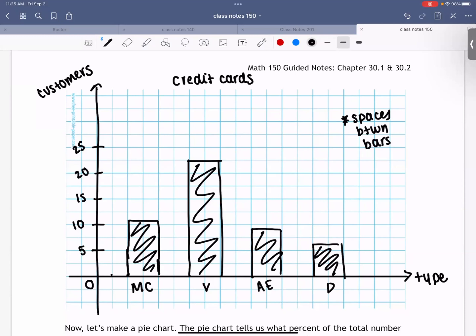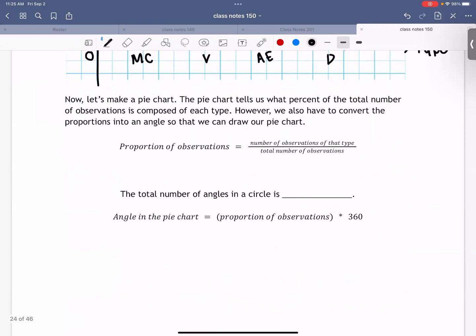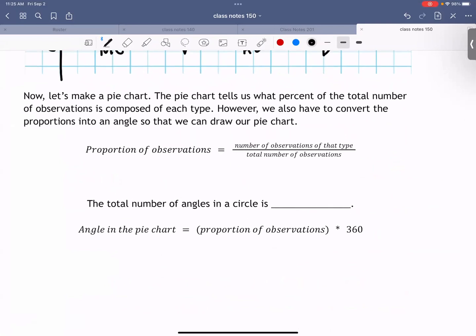These are a little bit harder to make, and I'll explain why. Pie charts deal with not just how many we have, but also percents. When you look at a pie chart, it's very easy to figure out what percent of the whole we're at, usually because the percentage is actually displayed.